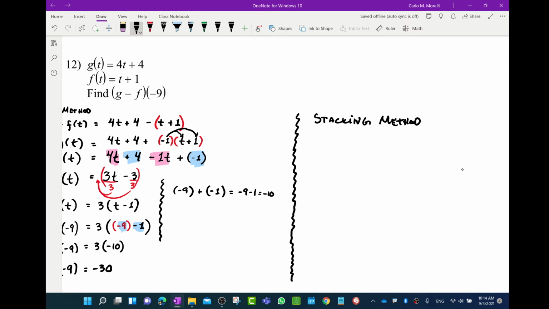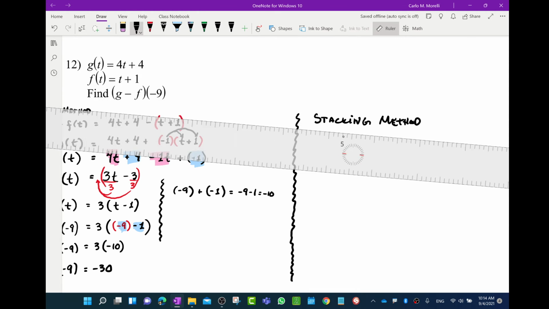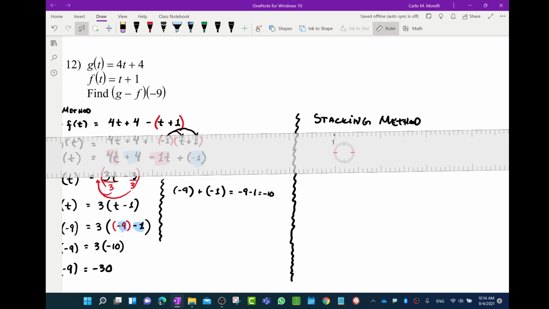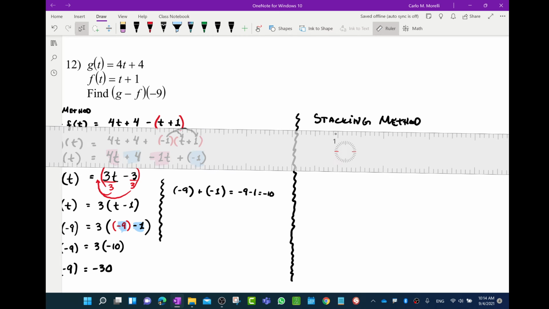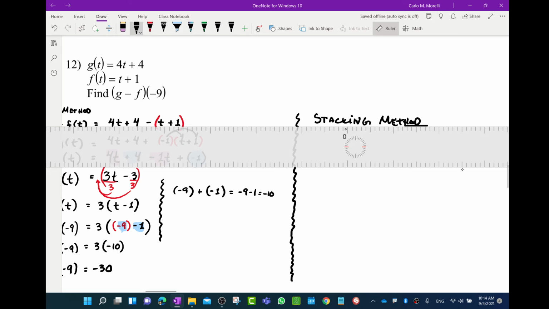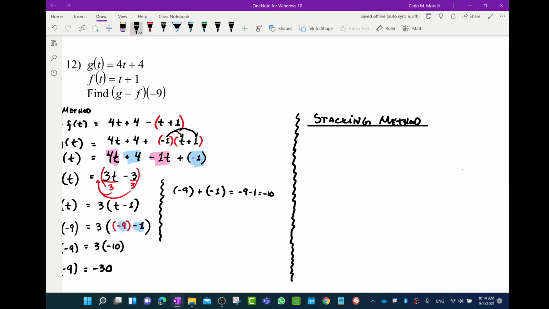Now I'm telling you, there's going to come a time in this class when the only way to do it is to stack it, or the only way to do it with any reasonable chance of getting it right is to stack it. So we don't have any quadratic terms, t's raised to the power of 2. We just have the linear terms where the exponent is 1. And remember, in front of that t there's a 1.